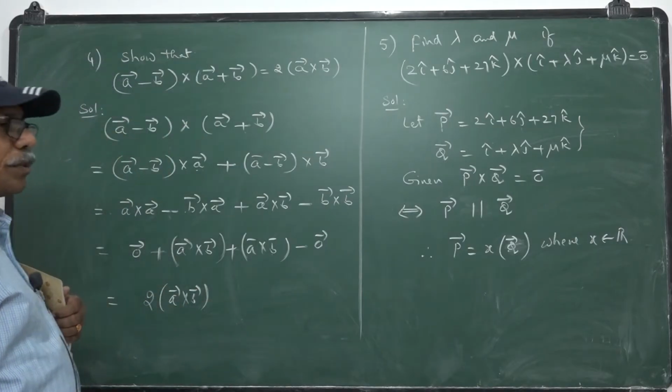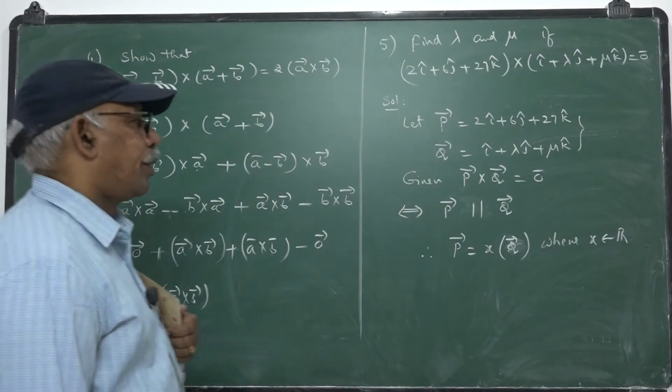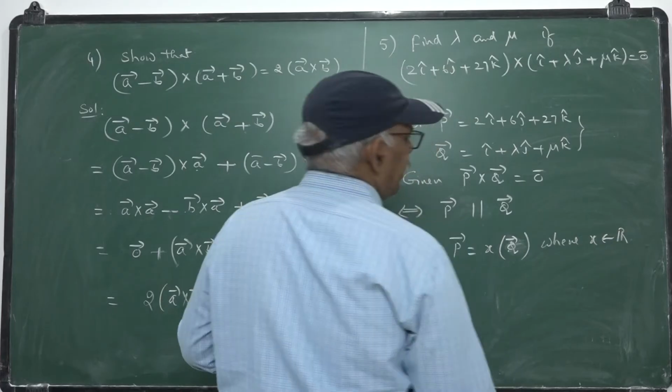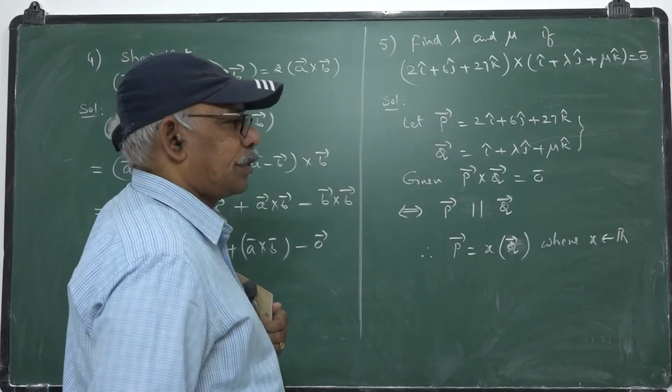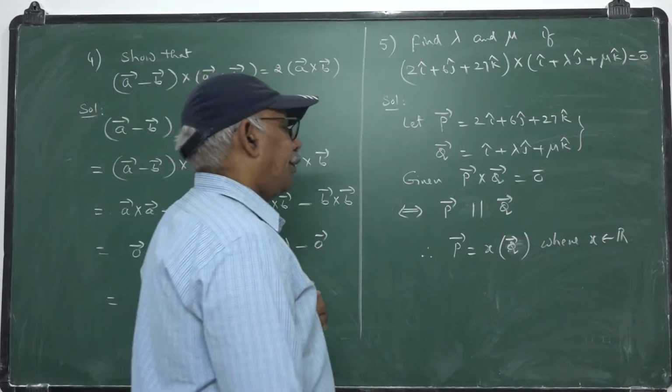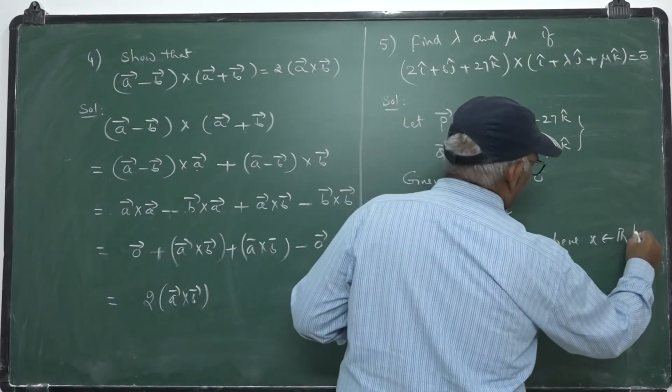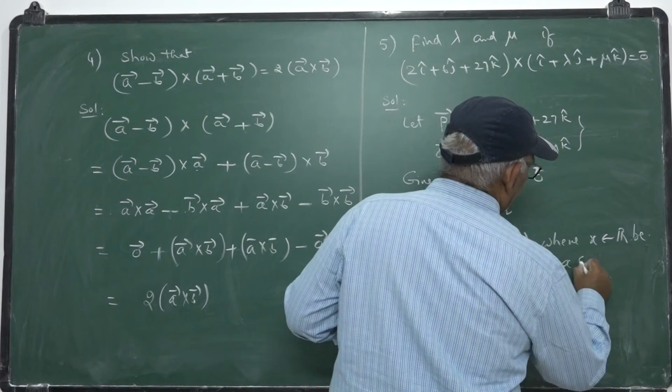The constant may be taken as small p or any constant that you can have, where x belongs to R, a scalar here.